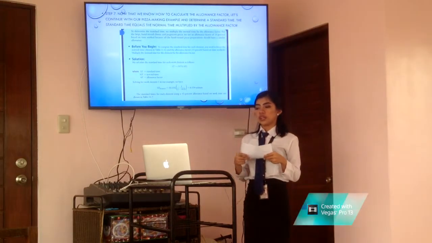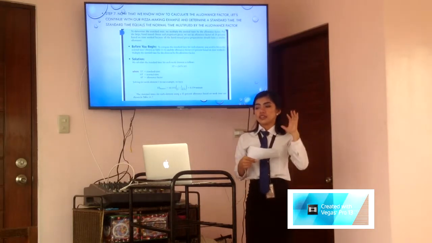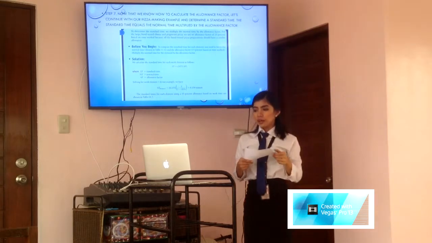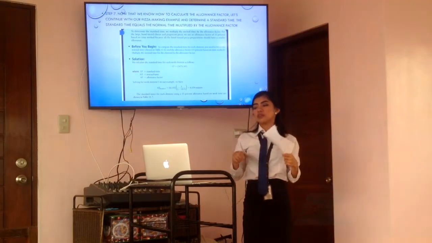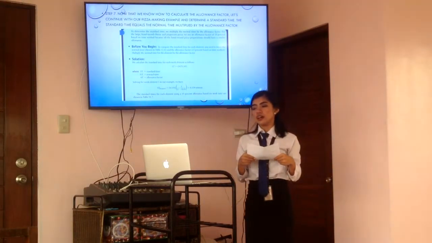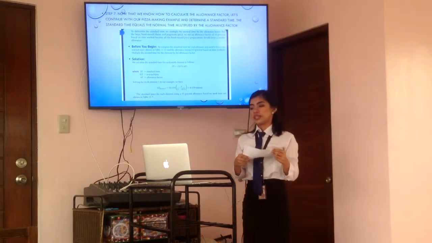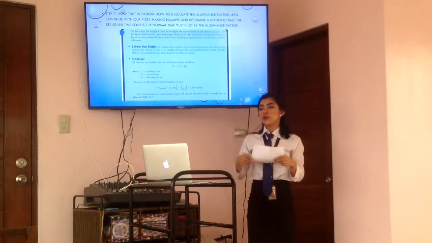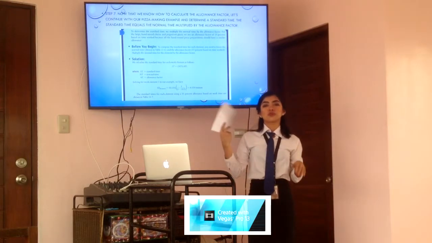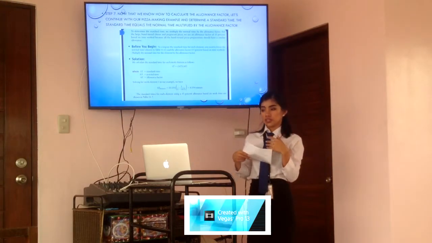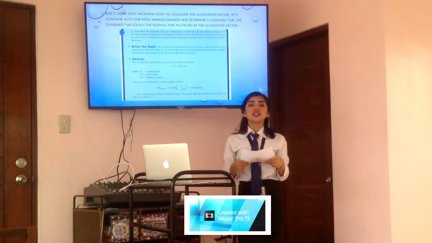Solving for work element 1 in our example, we have 0.135, the normal time that we had earlier, times 1 over 1 minus 0.15, the allowance factor. So we multiply it and we will have 0.159 minutes.